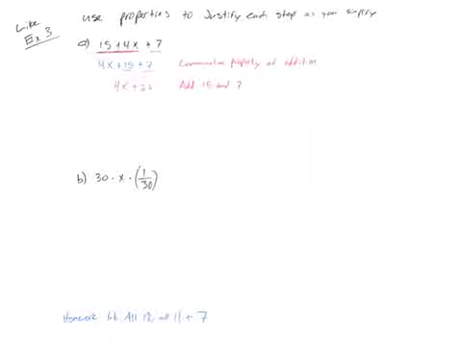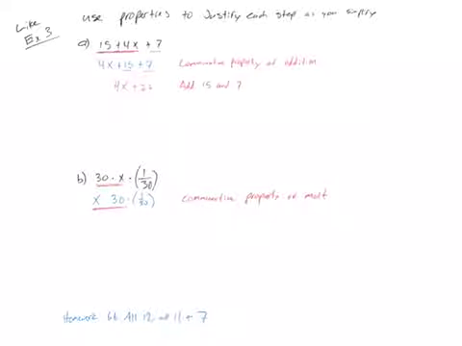So then let's move down here to number B. We have 30 times x times 1 over 30. Well, I'm kind of wanting to do that same thing that I did up here. I'm going to multiply that 30 and that 1 over 30 first. So I'm going to reorder that. I'm going to say x times 30 times 1 over 30. Now this would be, again, what we call the commutative property of multiplication this time, because we're just changing the order of those two.